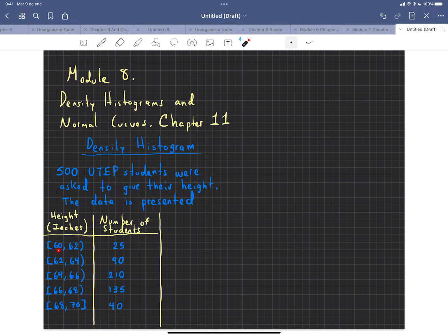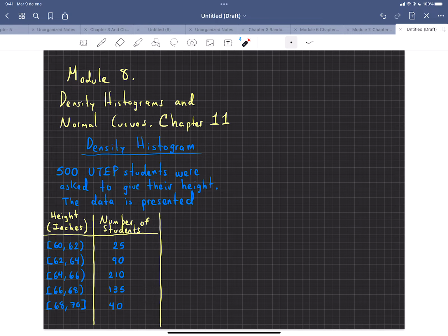So all the numbers from 60 up to less than 62, all the numbers from 62 up to less than 64, and so on. So how many values did we have between 60 and 62? 25. Between 62 and 64, 90. Between 64 and 66, 210, and so on.